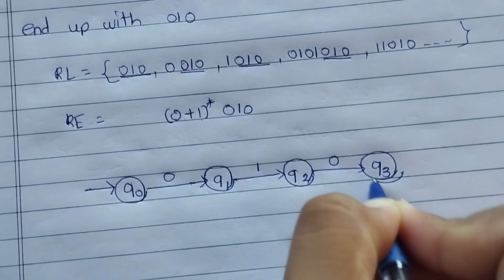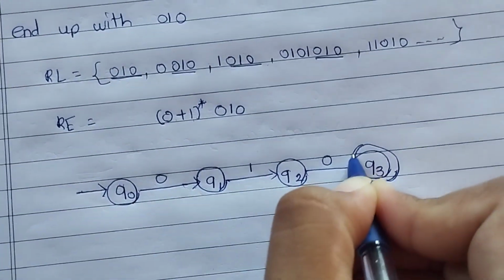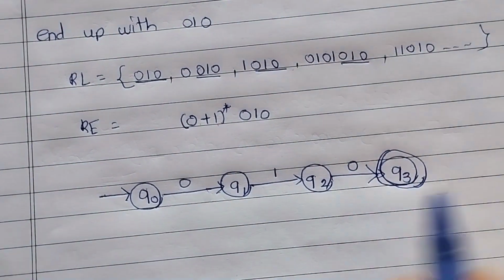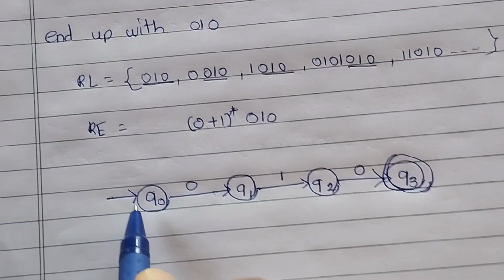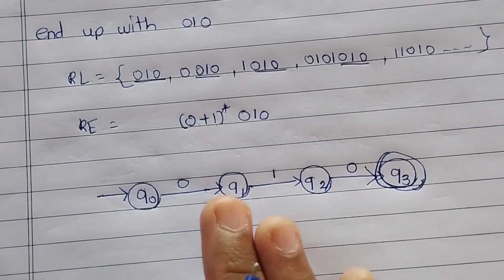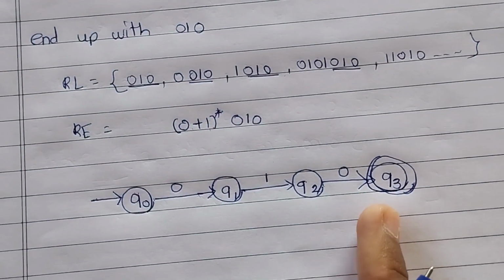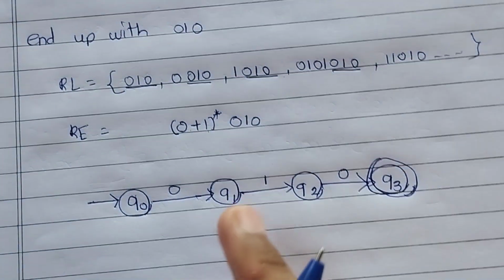Now our string is accepted, and accepted is denoted by the double circle. Initial state starts with an arrow, then whichever string is compulsory, write it one by one, adding one state at a time.